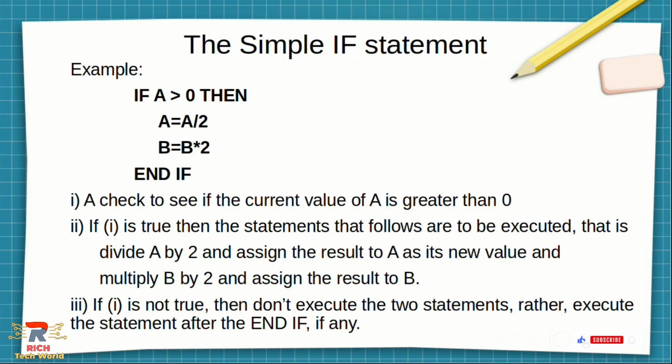That is, you divide a by 2 and assign it to the a variable, and then you multiply b by 2 and assign the result to the b variable. The last thing is, if the condition is not true, then your two statements won't be executed. It will just end the if statement. So basically, I hope you understand the first type of decision statement.